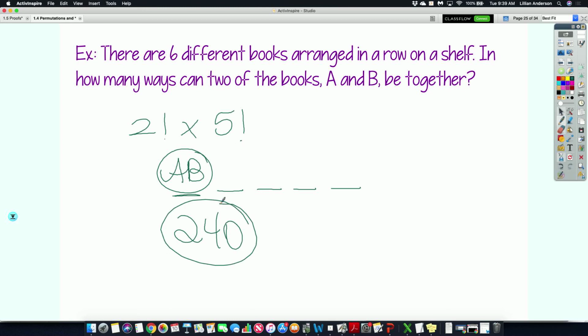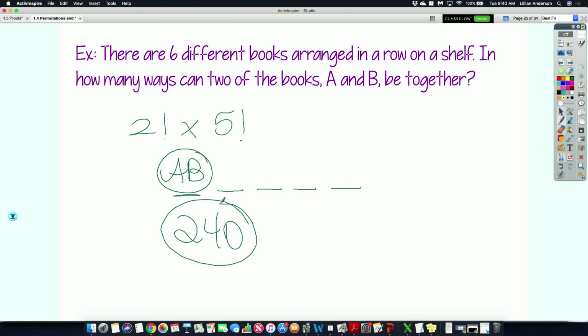What they did was they realized there were 10 different ways to arrange those books, and then times 4 factorial because there are 4 other spots. A and B represents those other 2 spots, but no matter what, they have to be together.